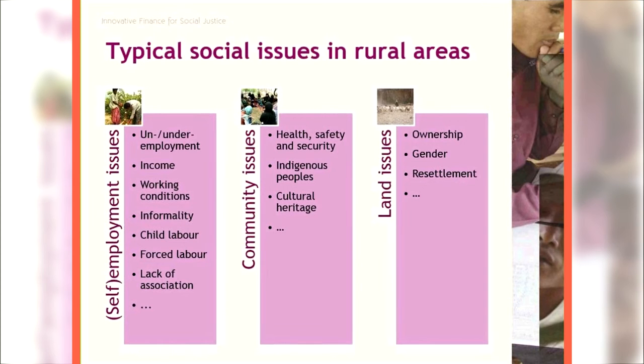People are working from morning to evening, but they do not earn enough to actually make a living. So income is a serious social issue in rural areas, often linked to low productivity.